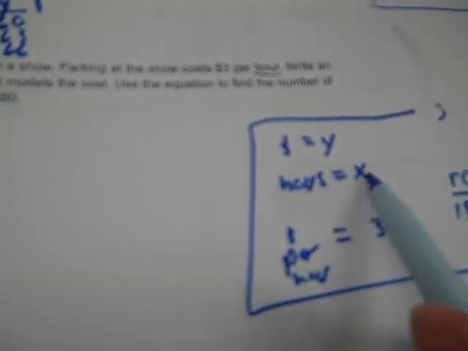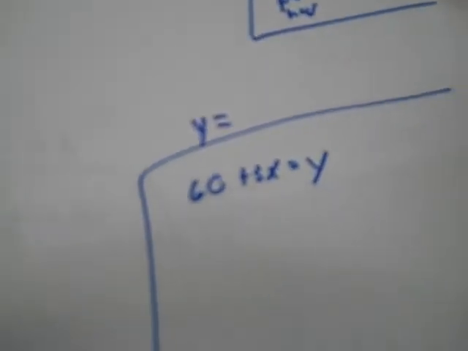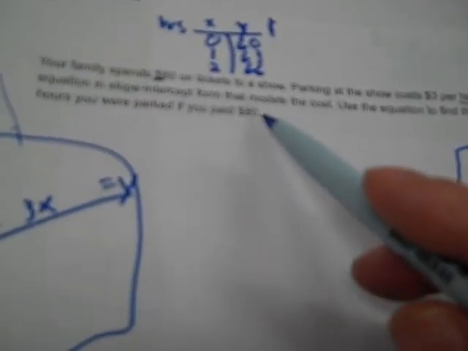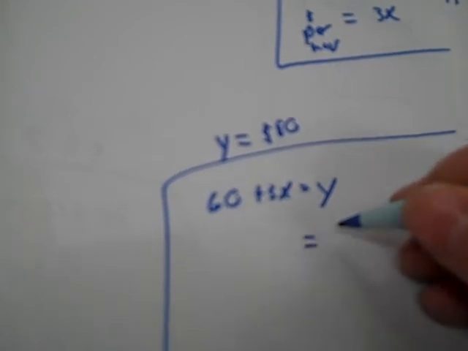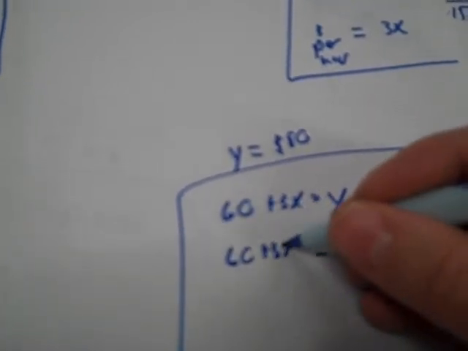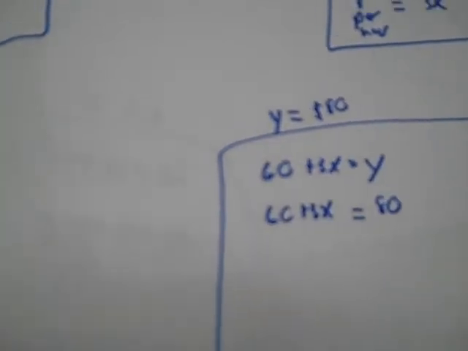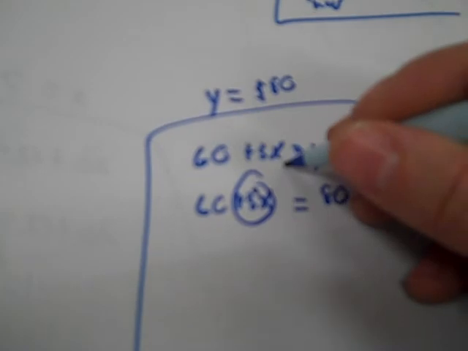Now I'm solving for the hours. Go look up here. Hours is x. So I put x. Okay, so you have to figure out what the y equals. Well, y is money. It's equal to $80. So I replace my y with 80. And over here I've still got 60 plus 3x. Now I have to get the x by itself though. Okay. So it's multiplied by 3. There's my wall.